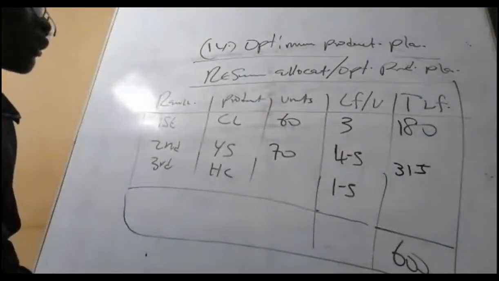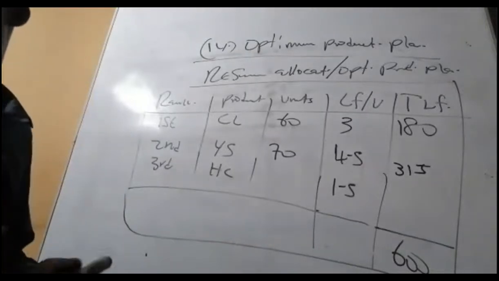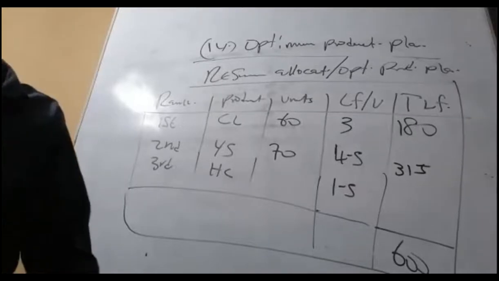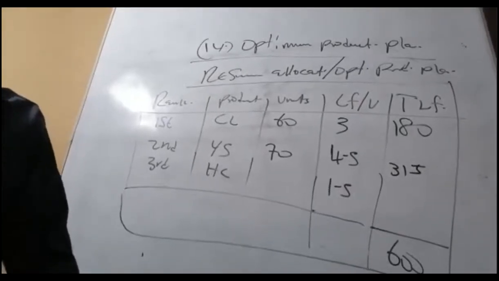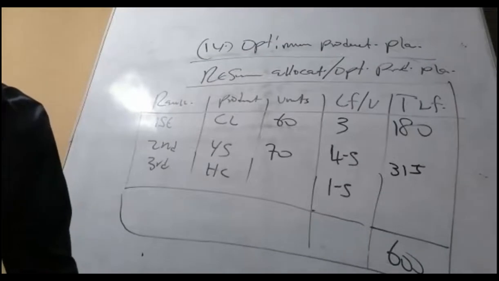Then whatever remains is needed to produce the last one. The last one is the balancing figure. So this 180 plus the 315 gives us 495. Take it off from the 600, and we are left with 105.